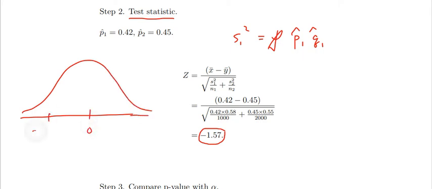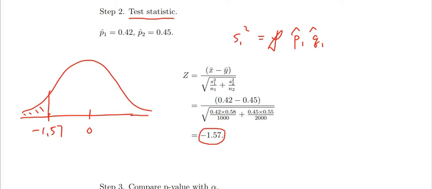The cut point is negative 1.57. From the Z table, we can find the exact probability, a p-value, and we also can find a critical value. So is negative 1.57 a big number, a small number, or close to 0?